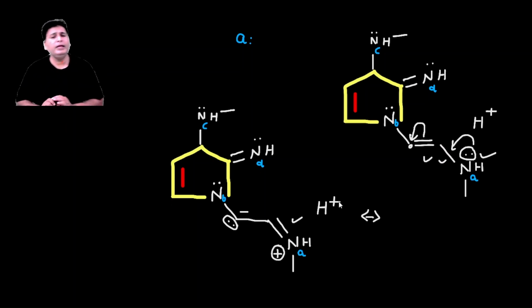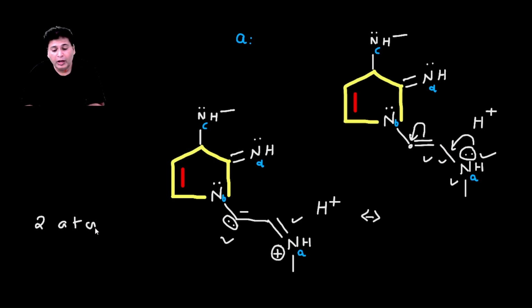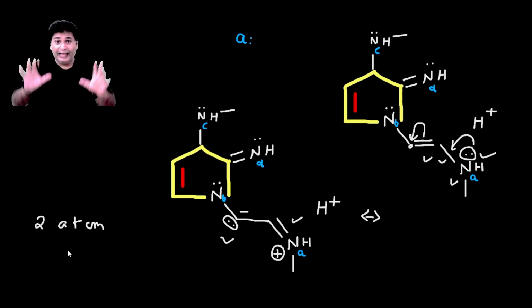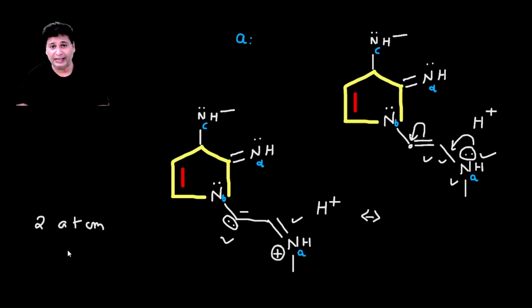However, in this particular case, the lone pair got delocalized among two atoms, this nitrogen and this carbon. So two atoms are going to share the lone pair, and in that sense the lone pair availability will be distributed, will be divided, and H plus is assessing all these things.